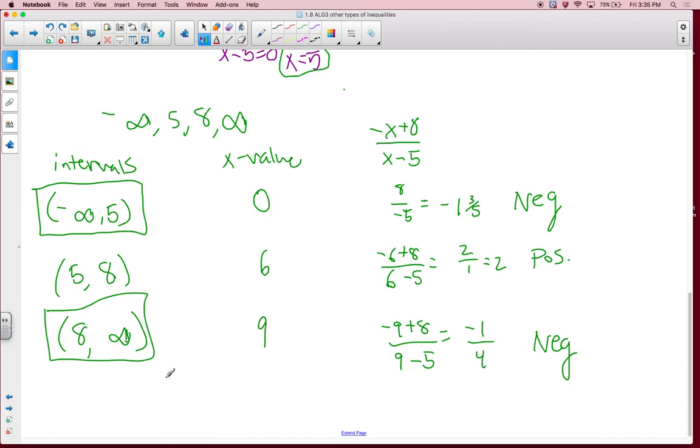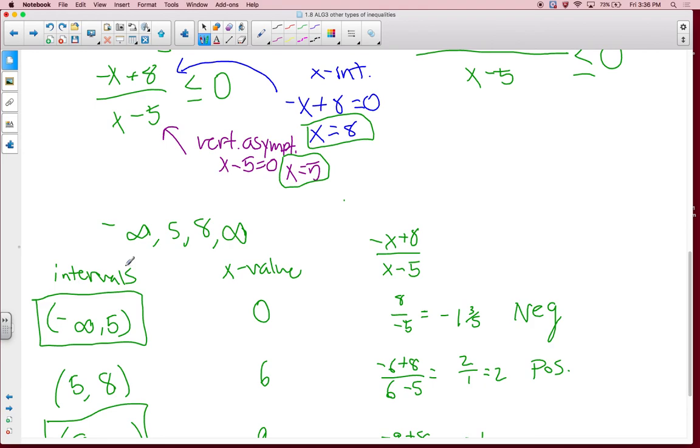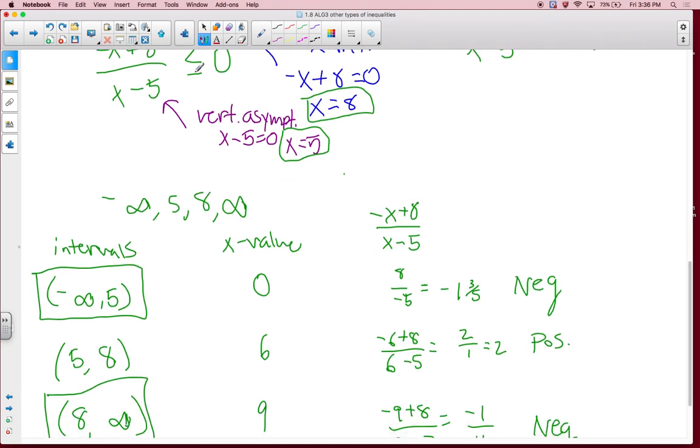So here's the thing. We found the two intervals that work. We know it is less than or equal to, correct? So therefore, we know that since x equals 5 is a vertical asymptote, vertical asymptotes are never included, because they're asymptotes, meaning it's not going to cross that.